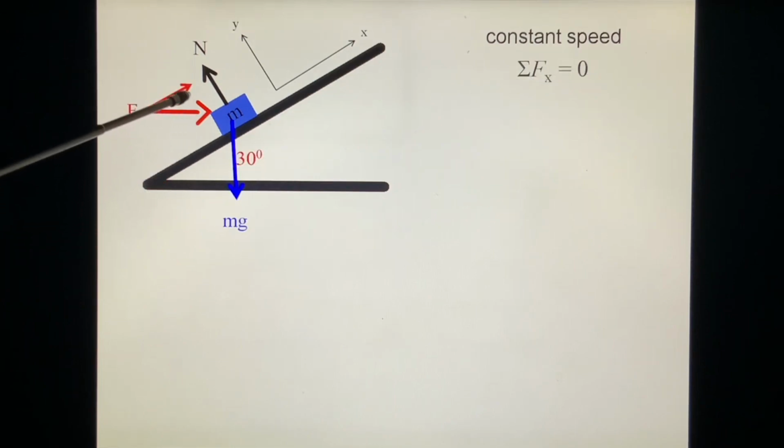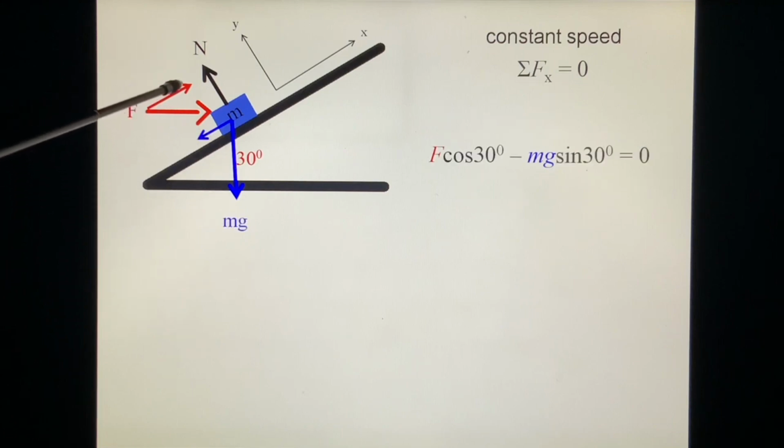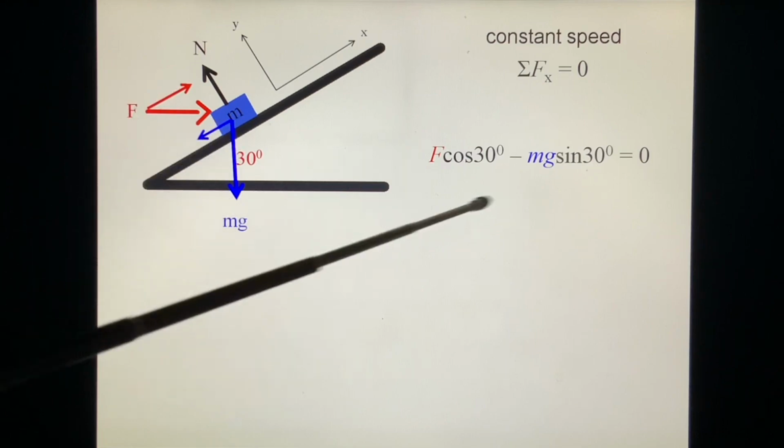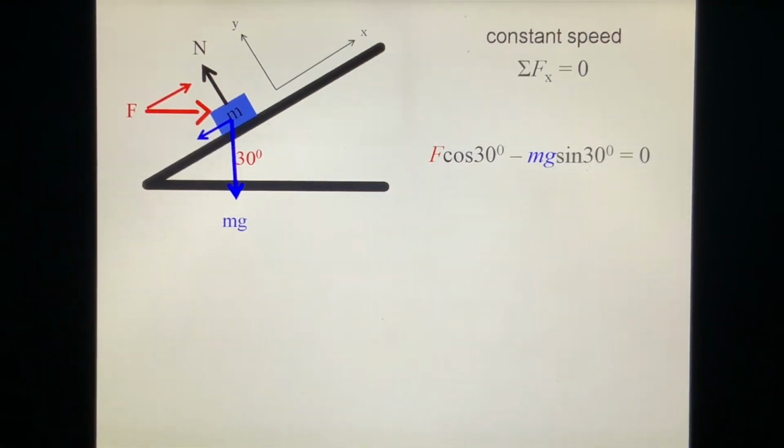F has a component along the X direction, with this angle 30 degrees, which is F cosine 30 degrees. And the gravitational force has a component along the X direction, which is mg sine 30 degrees. So we write F cosine 30 degrees minus mg sine 30 degrees equals 0.